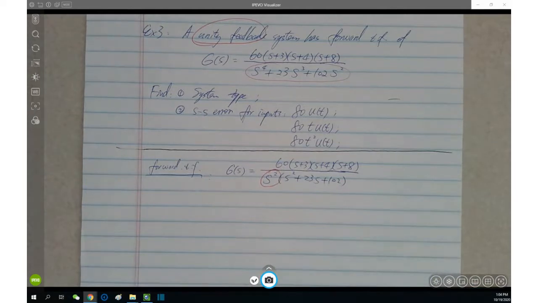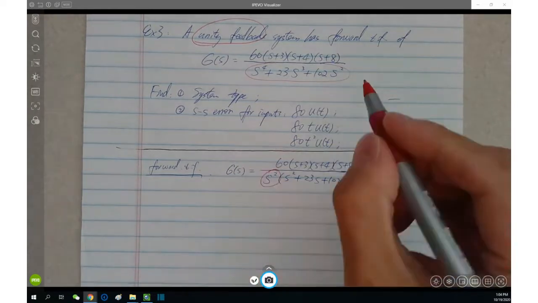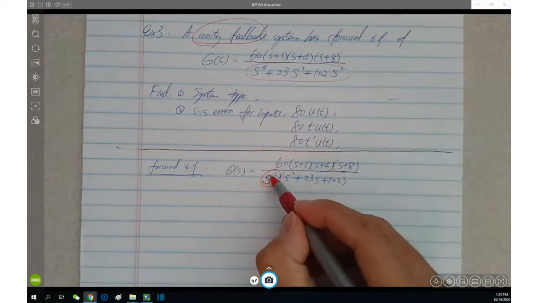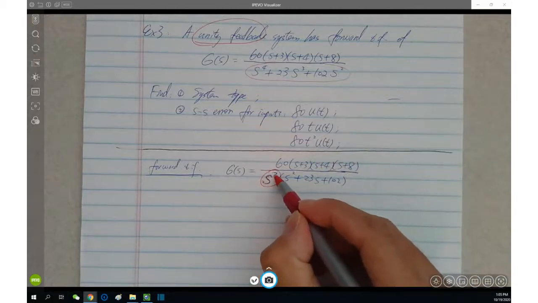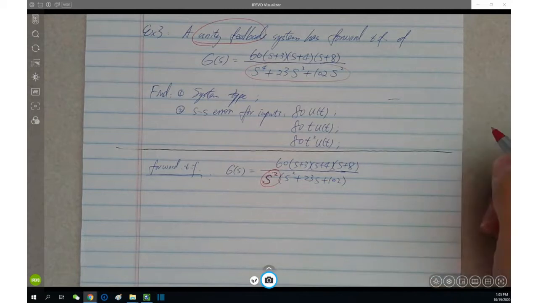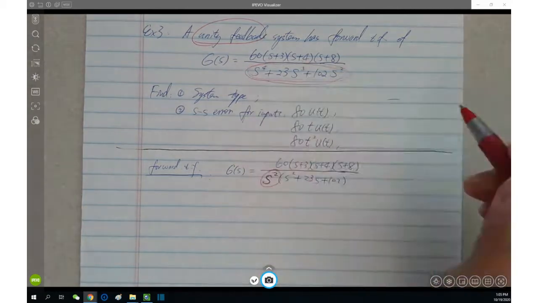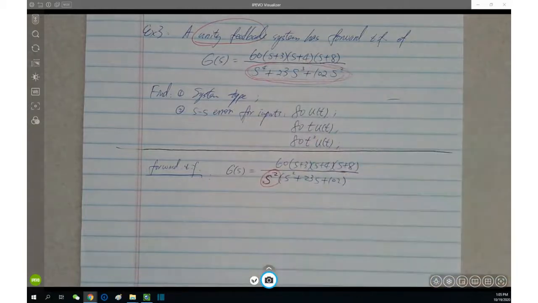This is not difficult, but I'm just reminding you that we are looking for the s term, and the order of it is the system type. So if you're not seeing the s term in the polynomial, you need to somehow find it. Of course, maybe that s term is 0, 1, or any other value.